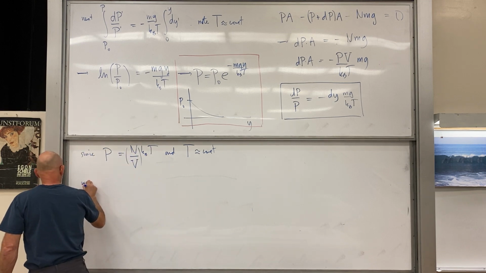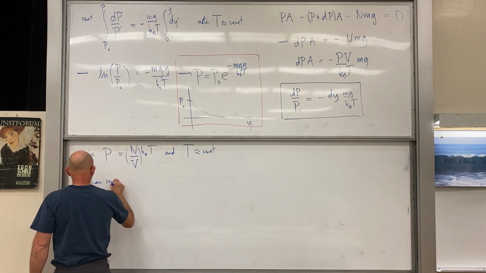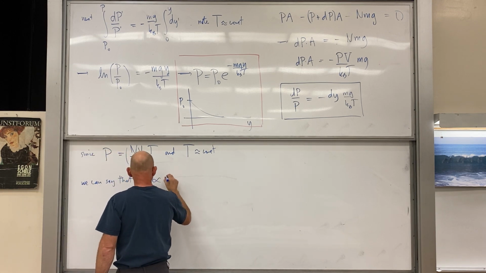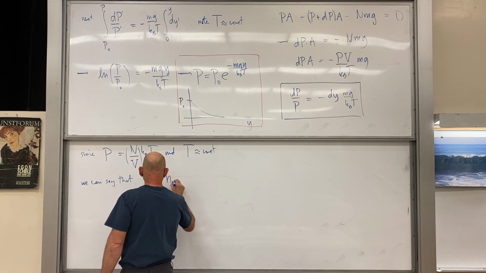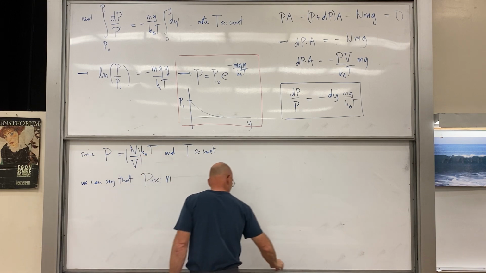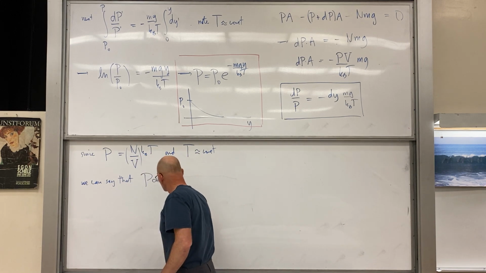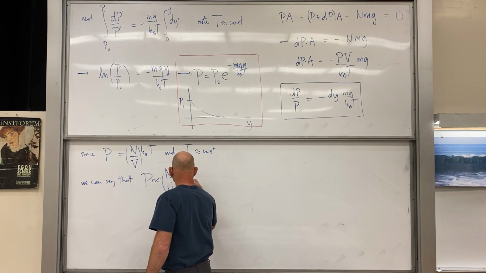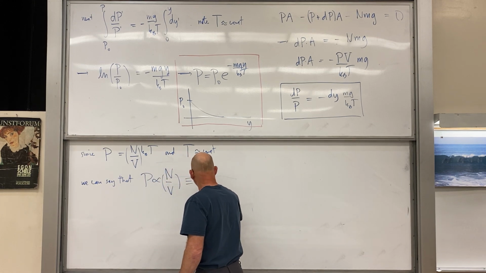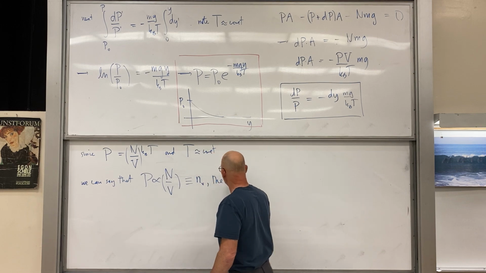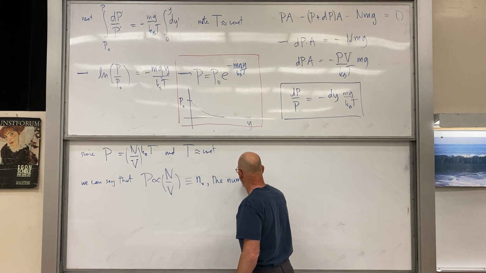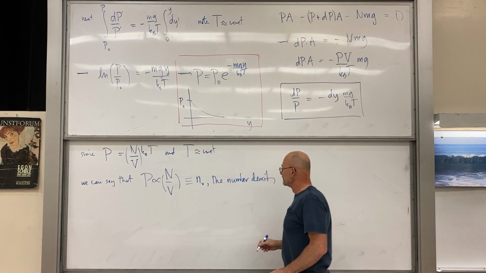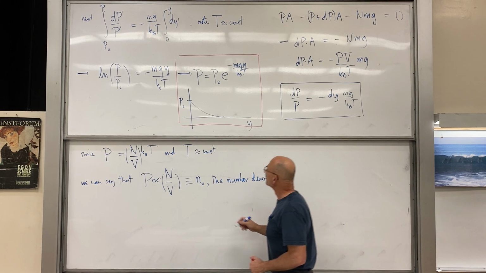So we can say that pressure is proportional to N over V, and we're going to define that as N sub V, the number density. So yeah, we'll just rewrite this.